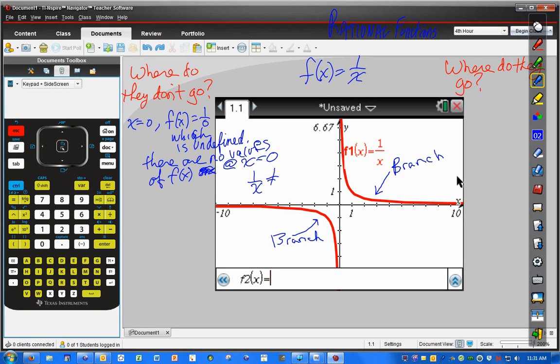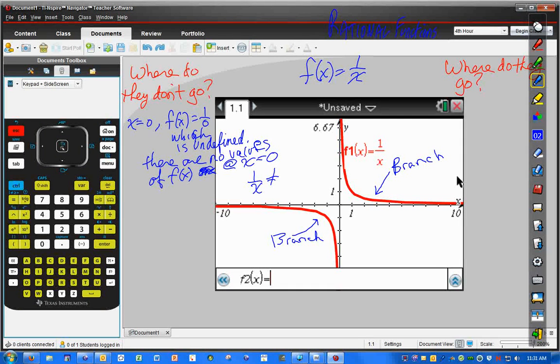I have all these values here and up to here because the graph represents the values that you can have. So I can have all these positive numbers and it keeps going and getting closer to a number. This one has all these negative numbers and it gets closer and closer.